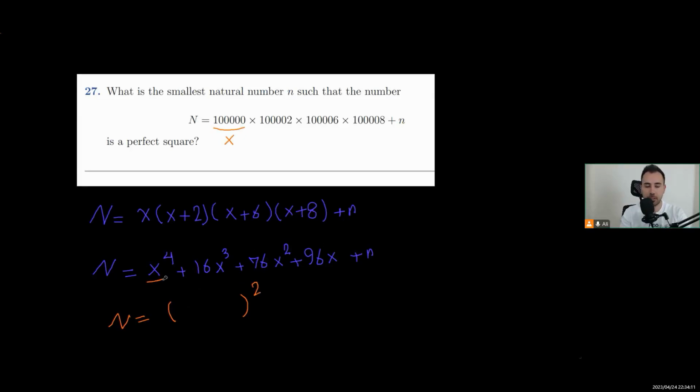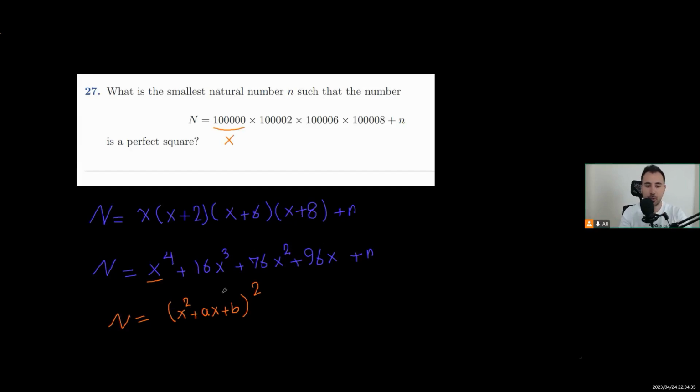Because the power here is 4, the first term has to be x to the 2nd power, obviously. And then for the other ones, because we don't know these, I'm going to write ax plus b. How many x to the power of 1 and how many x to the power of 0 do we have? We don't know.